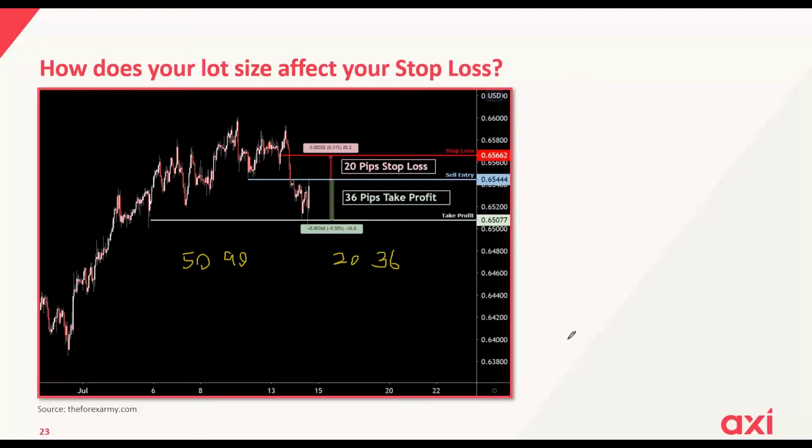The size depends on the lot size you use. Assuming you are risking 1% of your account, which one will make you more money? I can see a lot of people are saying it's the first one.